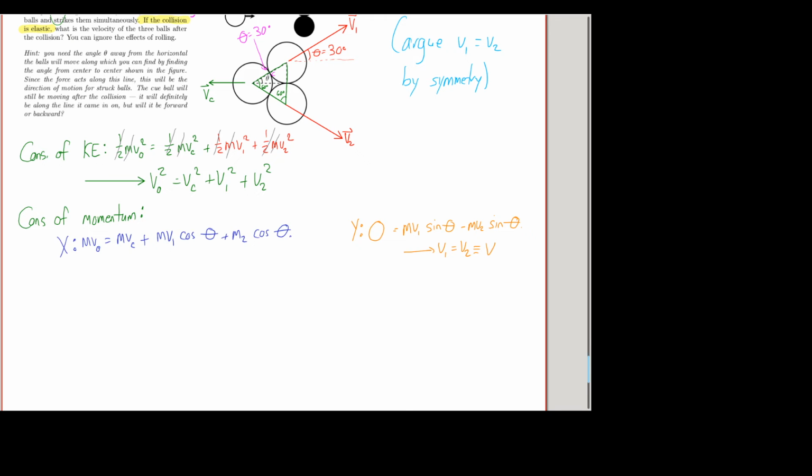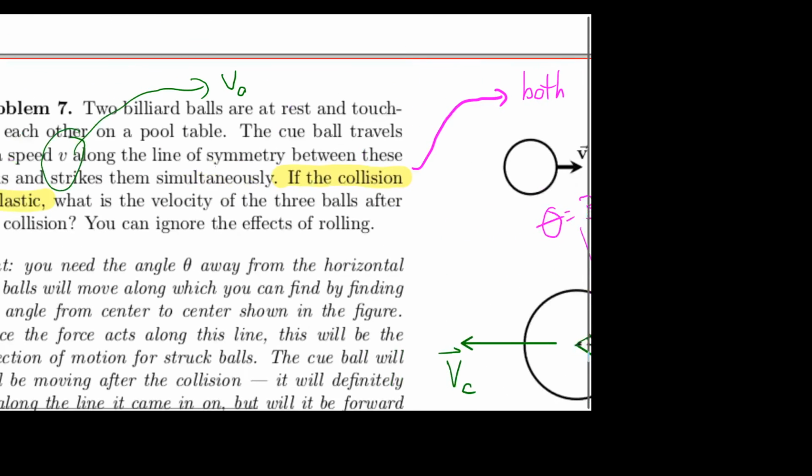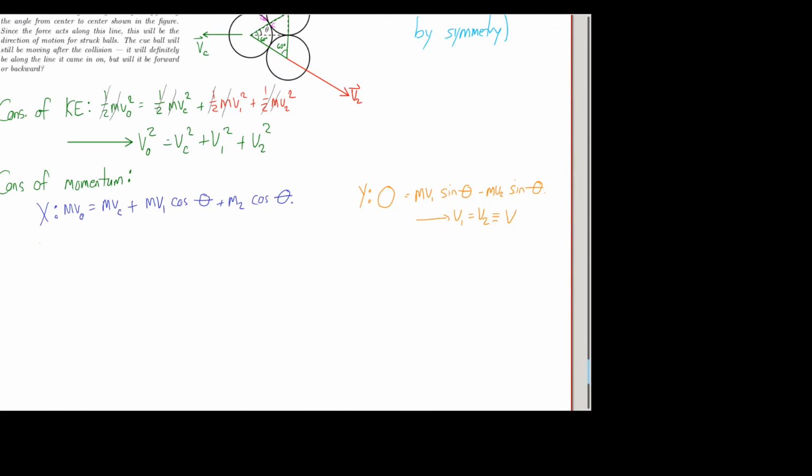So I'm going to use the symbol v to mean the velocity of either ball after the collision, not the cue ball. Here in the problem statement, I'm treating this as v naught. Rearranging the notation a little bit just to make my life easier. In the conservation of momentum in the x, of course, I can cancel all the masses. I should have written, that was my mistake there, that should be m v2 cosine theta. But we recognize that v1 and v2 are both the same.